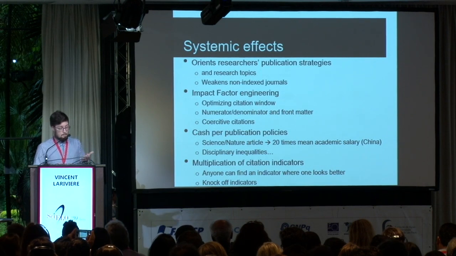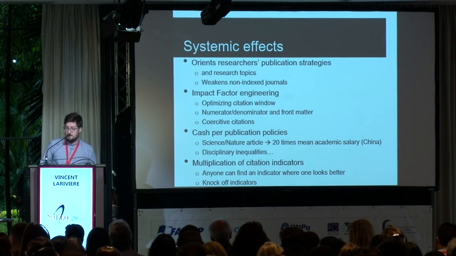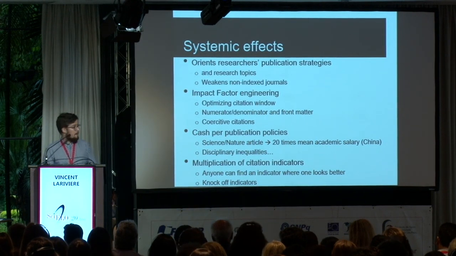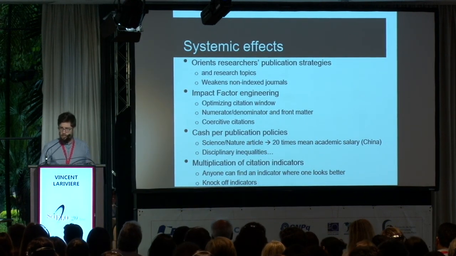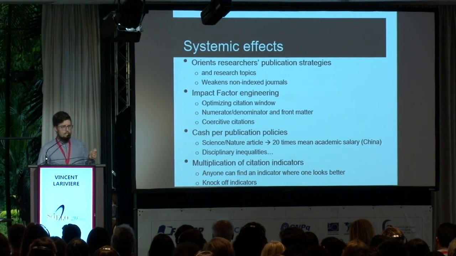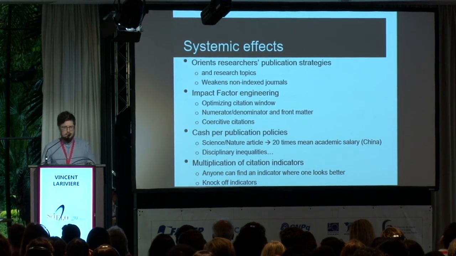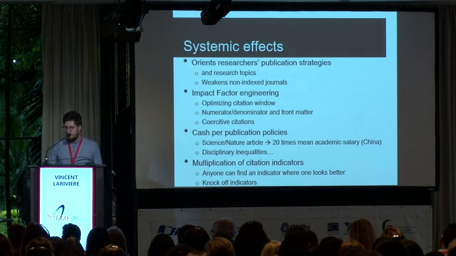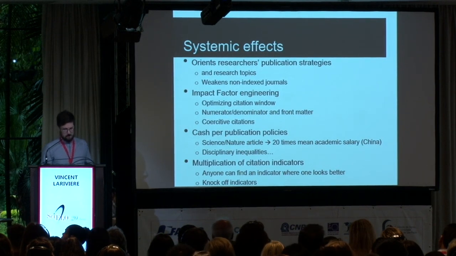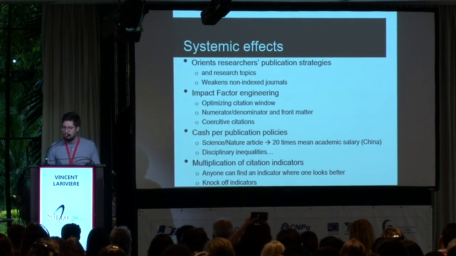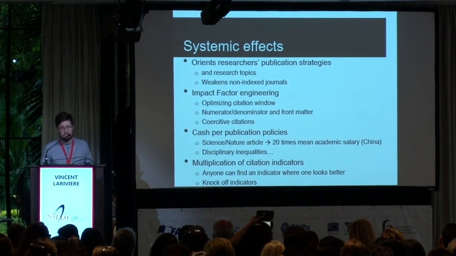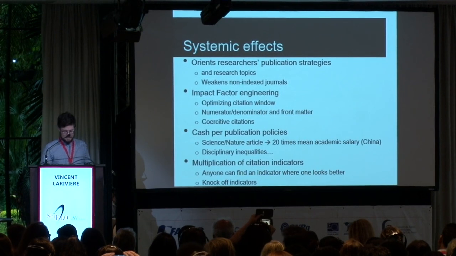We've witnessed, and this happens throughout the world, cash-per-publication policies. The Chinese case has been well documented, where basically if you publish a paper in Science and Nature in some universities in China, you're going to get a direct salary bonus that equals about 20 times the annual salary of a researcher in that country, which is, of course, a sizable bonus, which leads to quite a few disciplinary inequalities, because, of course, if you're in the social sciences, it is very difficult to publish in Science and Nature.